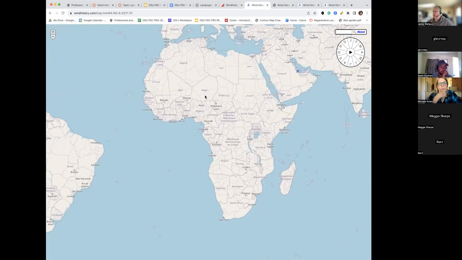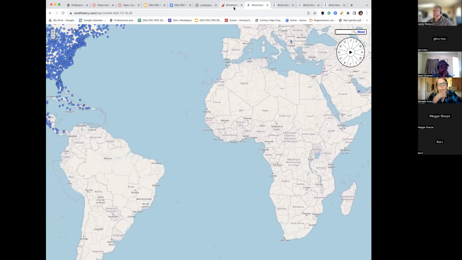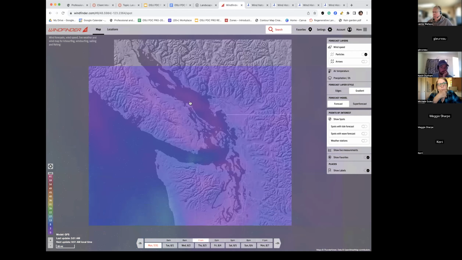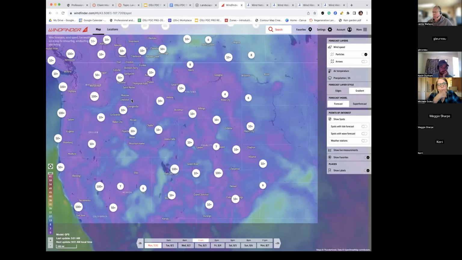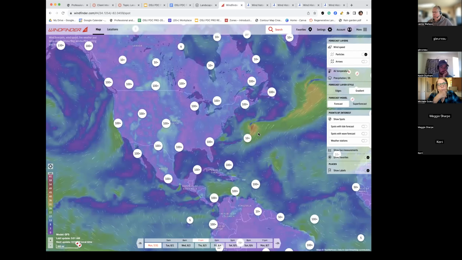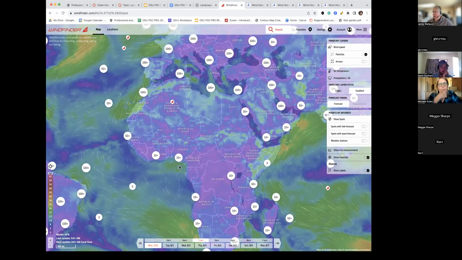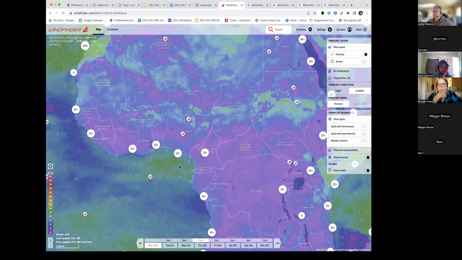So it doesn't look like there's any data over there. I'm not sure if Windfinder goes outside. Oh, yes, it does. So there you go. So that might be a better bet. A little bit of data for Africa.